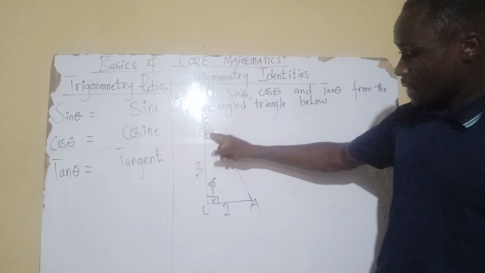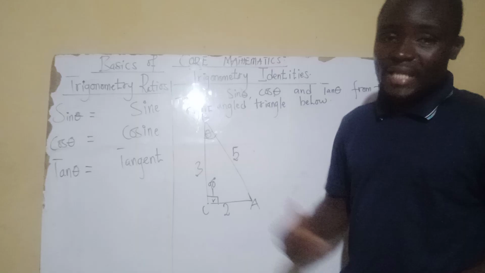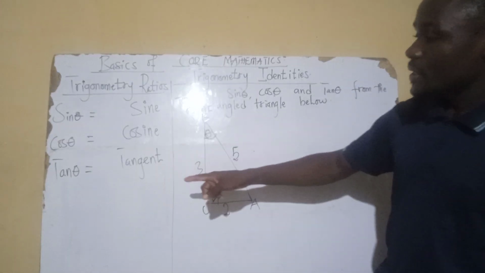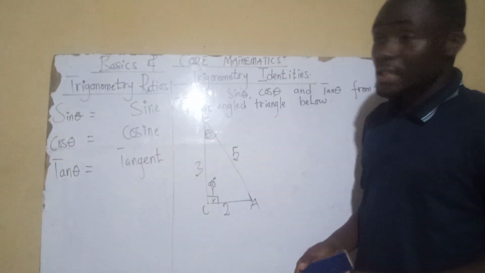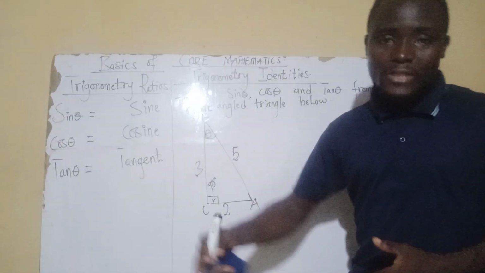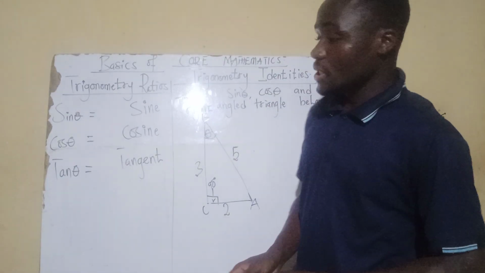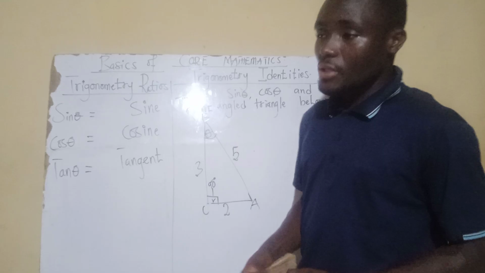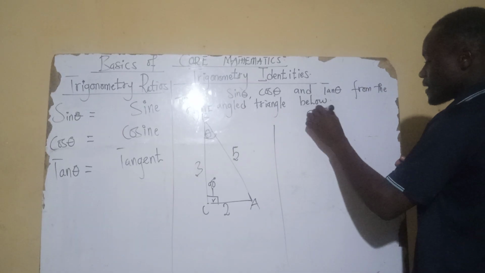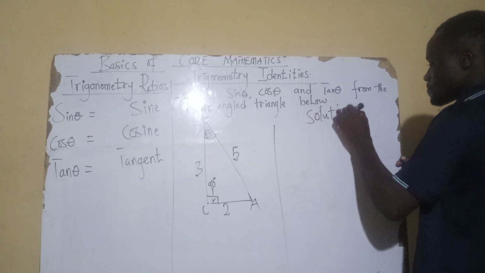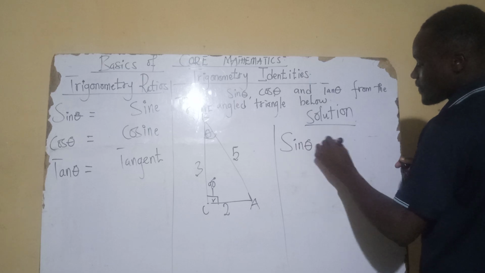Alright, so here sine theta. Now let's quickly dive into how to find the value of sine with respect to the reference angle theta. Here we have to know the simplest way of interpreting each of the trig ratios. So let's start with the solution. I am starting with sine of the reference angle theta.